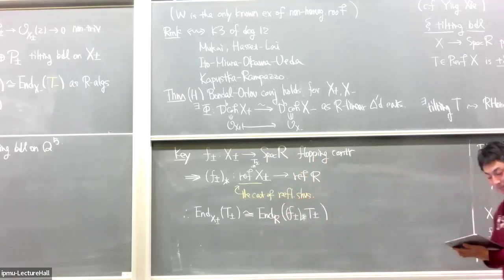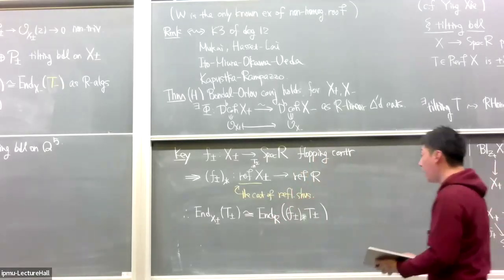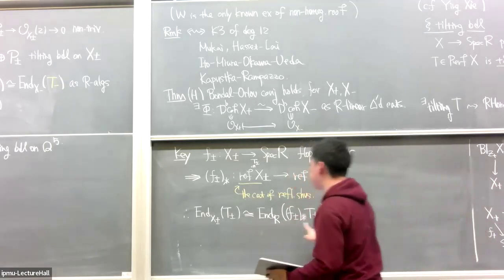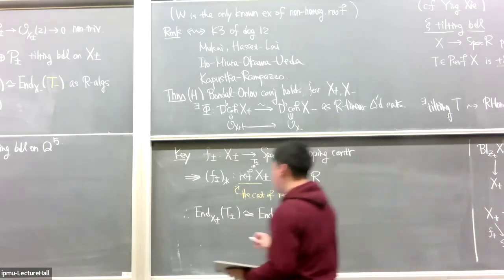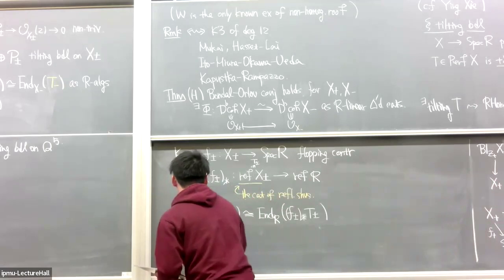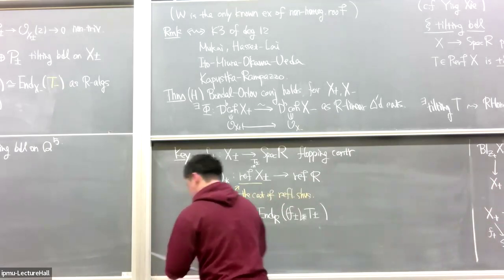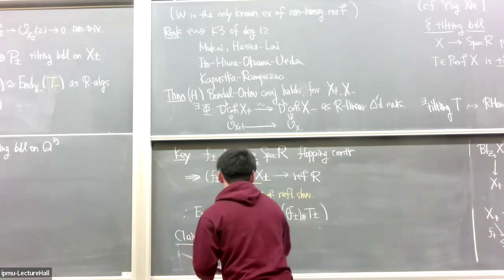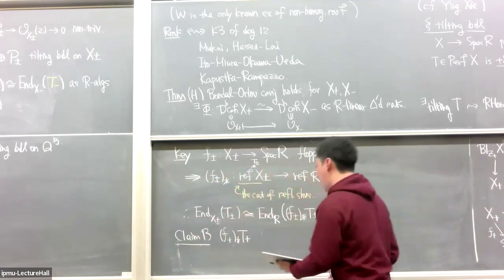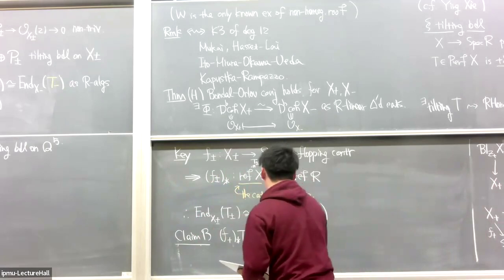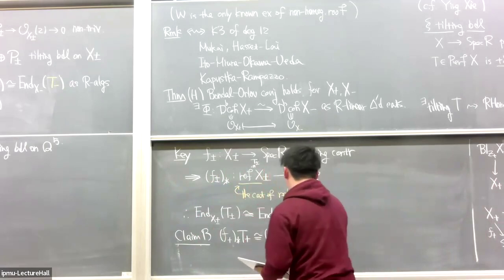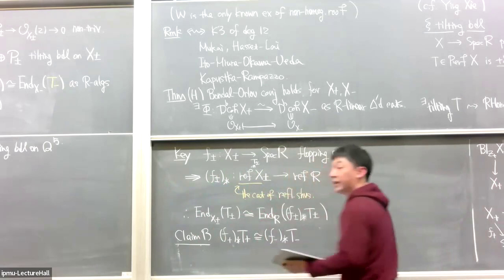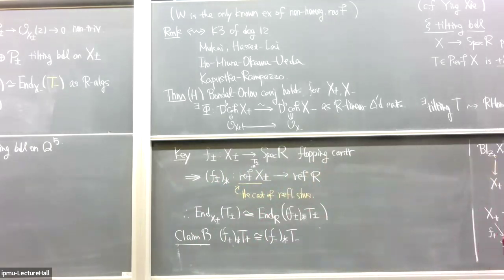Because we have this isomorphism, it is enough to show the following claim. Claim B is that the push forward of T plus by X plus is isomorphic to the push forward of P minus on X minus as an R module.